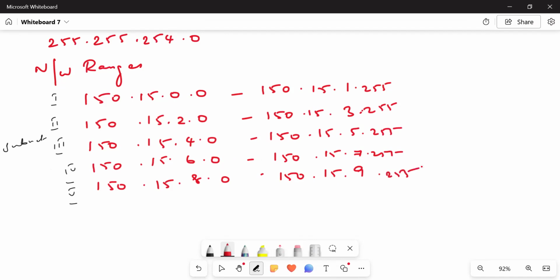Okay, so these are the network ranges for the given IP address.